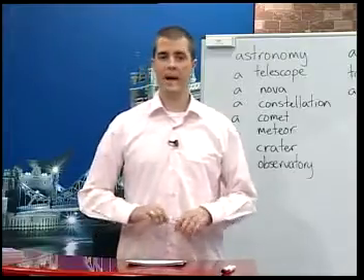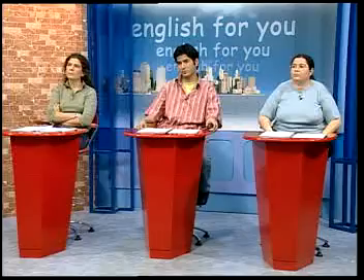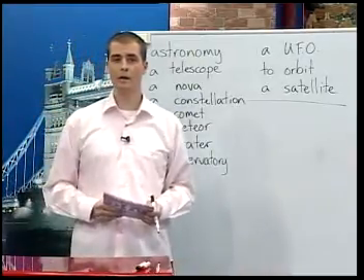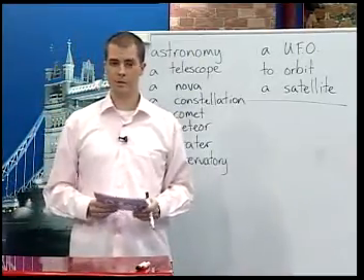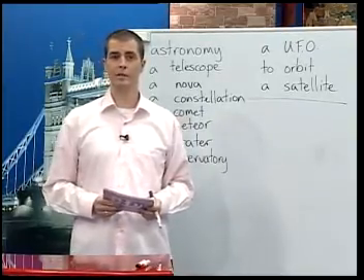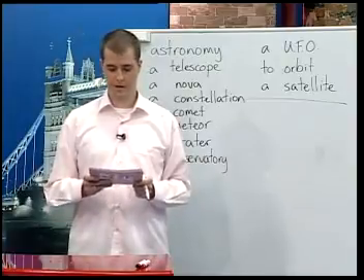So we use the passive in spoken and written English. In the active voice, the subject or the doer of the action is important. In the passive sentence, in the passive voice, the object becomes the important thing.